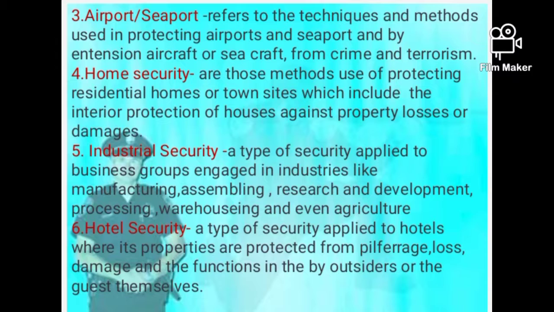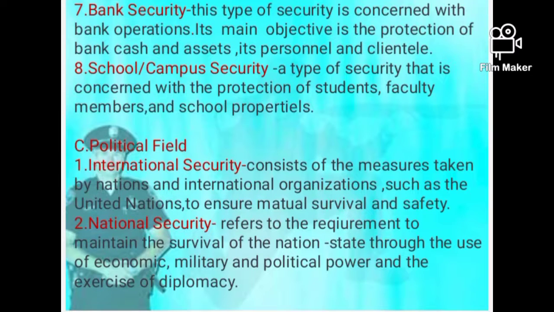This type of security employs house detectives, uniformed guards, and supervisors and ensures that hotel guests and their personal effects are safeguarded. Number 7. Bank security. This type of security is concerned with bank operations. Its main objective is the protection of bank cash and assets.